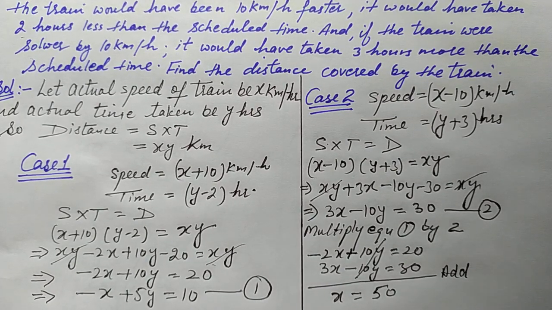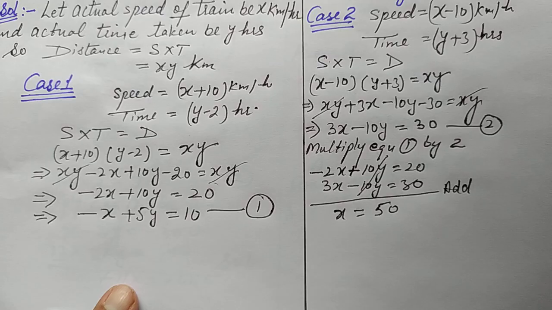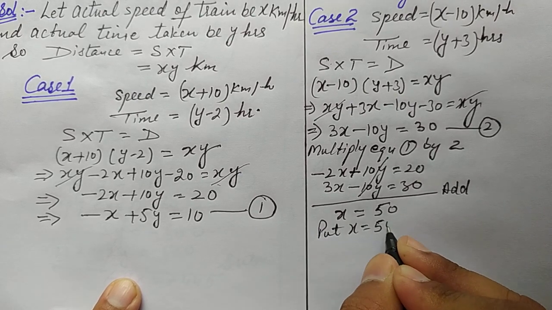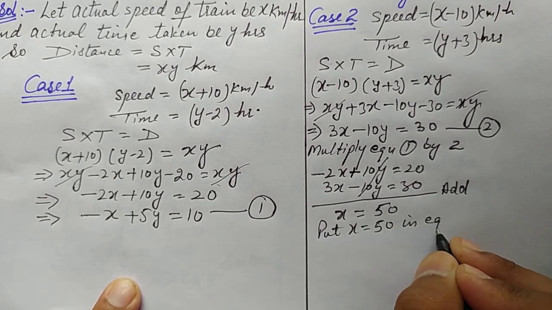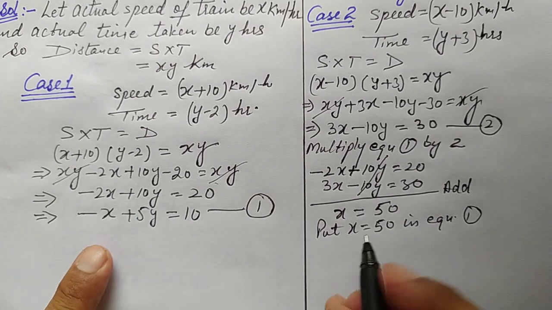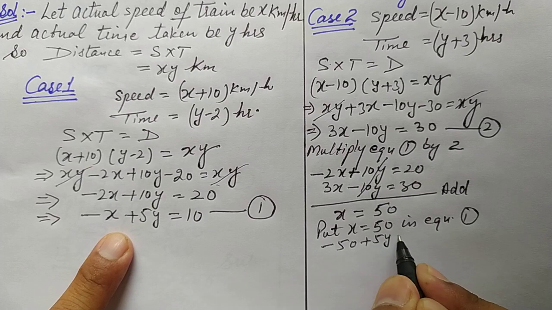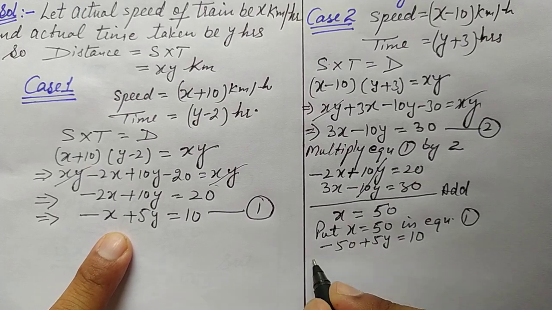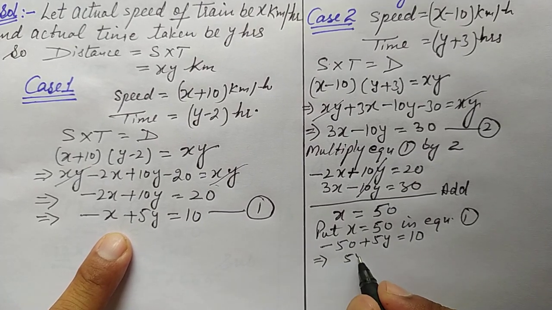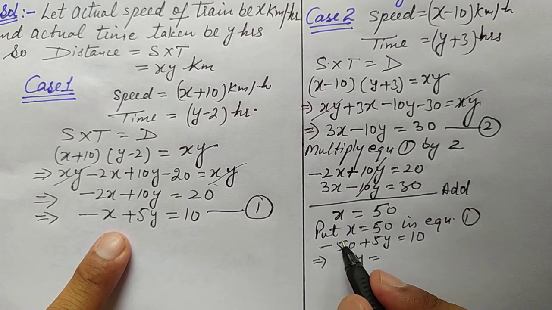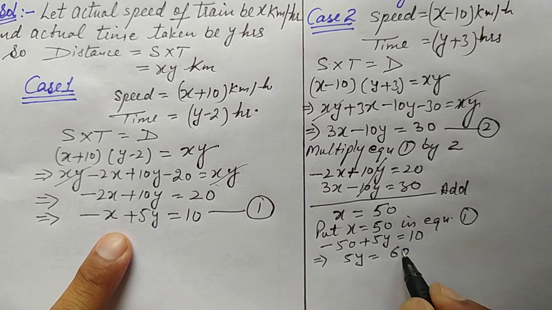Now we'll put the value x equals 50 in equation 1. So it is minus 50 plus 5y equals 10. That implies 5y equals 10 plus 50, so it is 60 total.